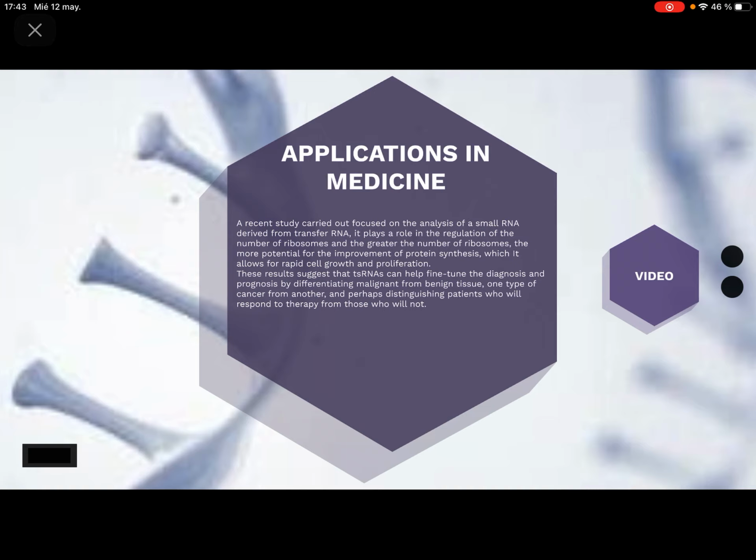These results suggest that small RNAs can help fine-tune the diagnostic and prognostic by differentiating malignant from benign tissues, one type of cancer from another, and perhaps distinguishing patients who will respond to therapy from those who will not.